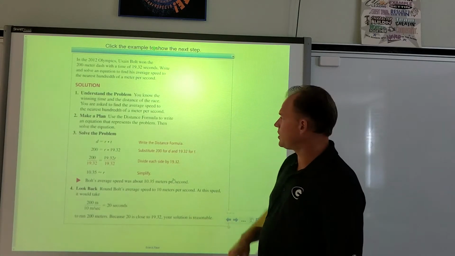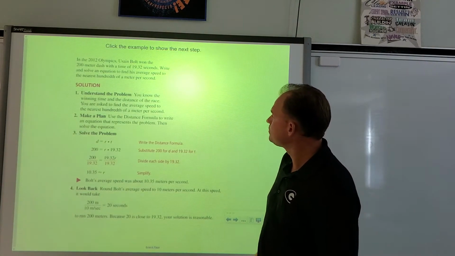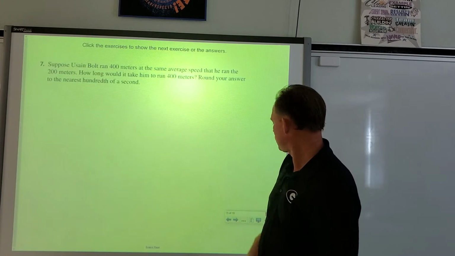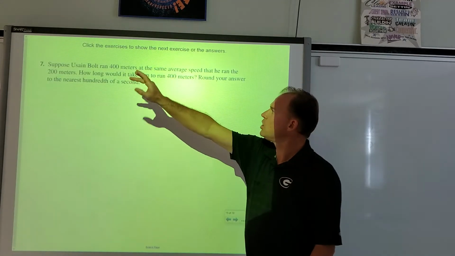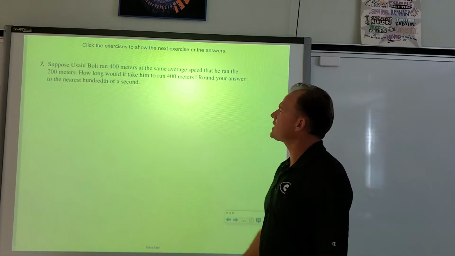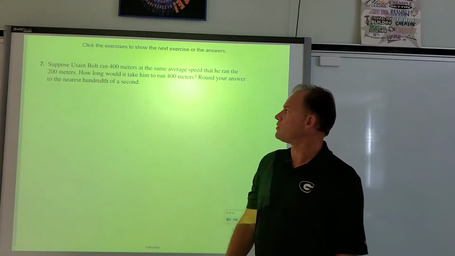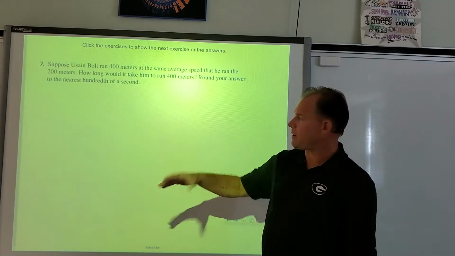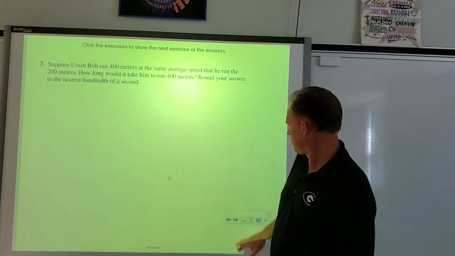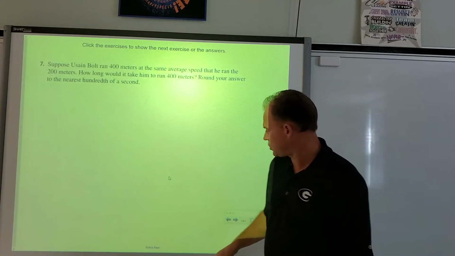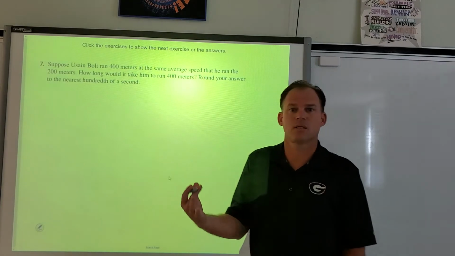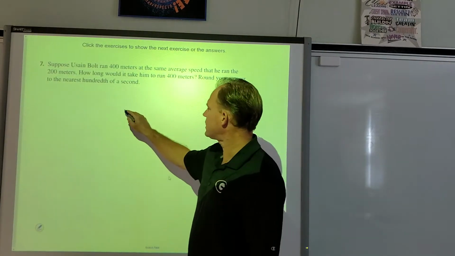Let's approach it from another problem. Suppose Bolt ran 400 meters at the same average speed that he ran the 200 meters. So now we're going to take that same idea and reapply it. We're keeping the rate the same.